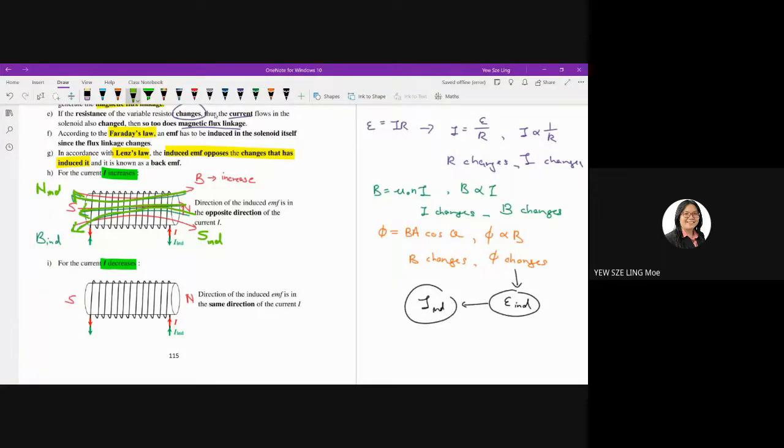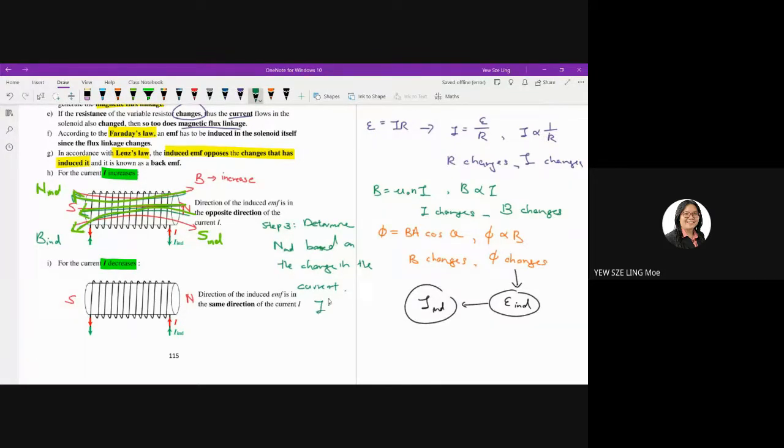So step number 3: determine N induced, the induced north pole, based on the change in the current.